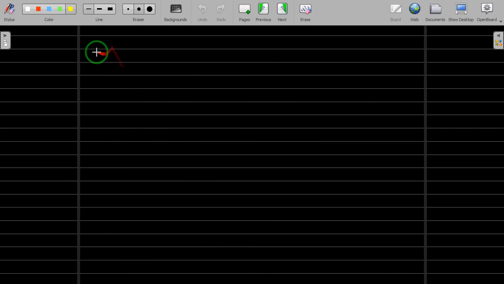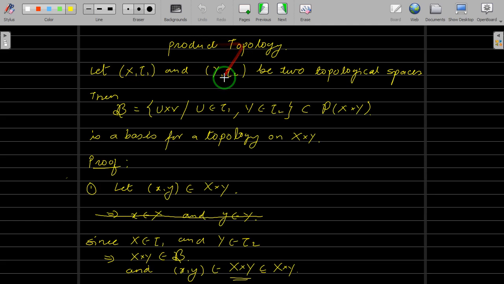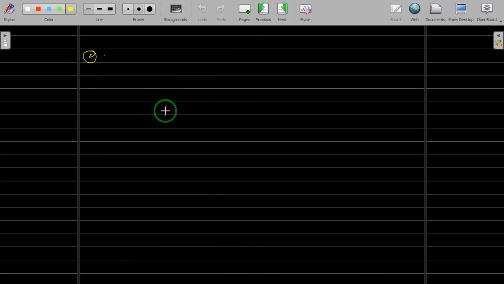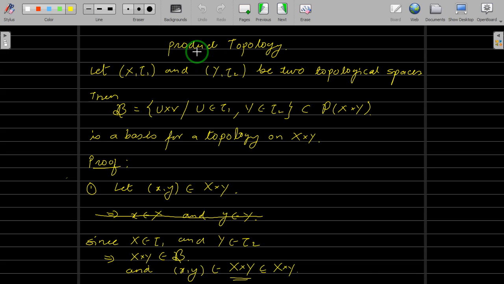Okay. Now for the second point, you take two elements from this set. You take one element in their intersection, and you have to find a third element in this collection such that something happens. So let's take again (p, q).